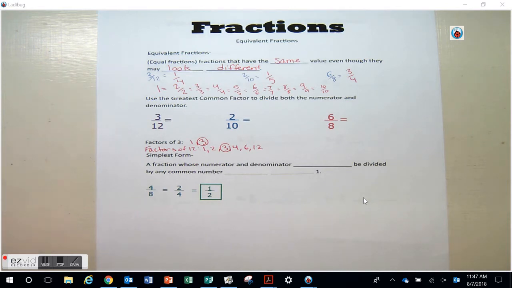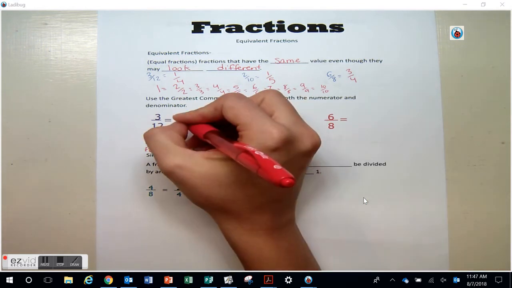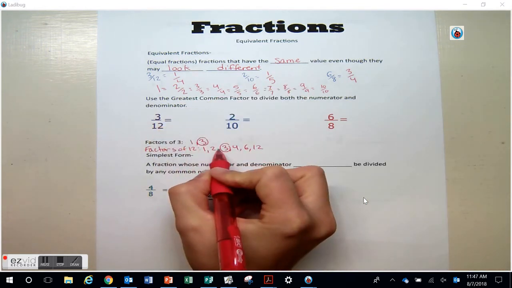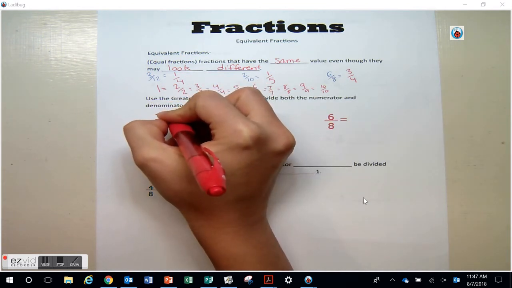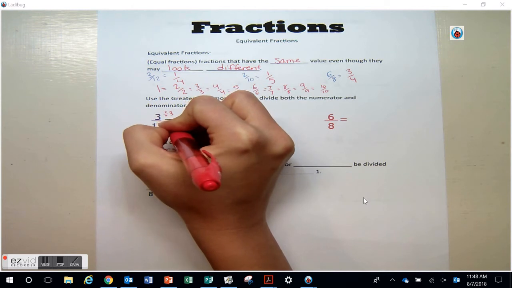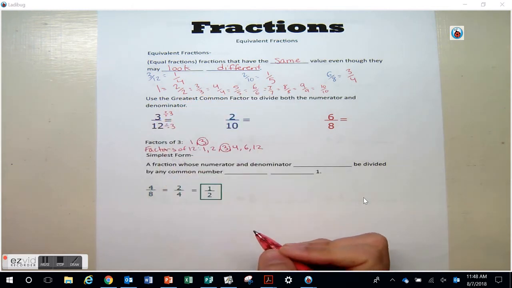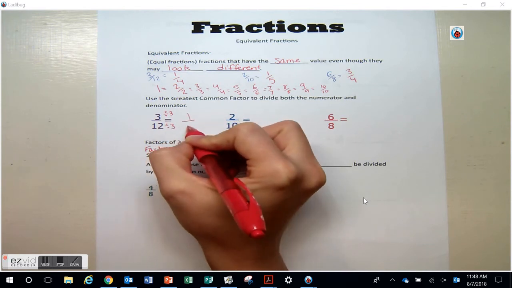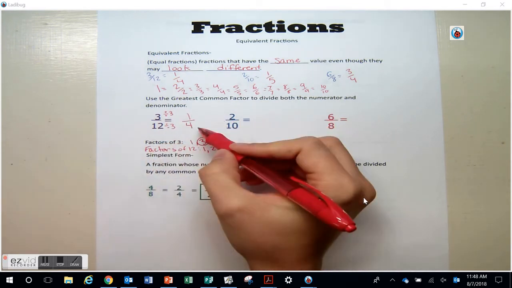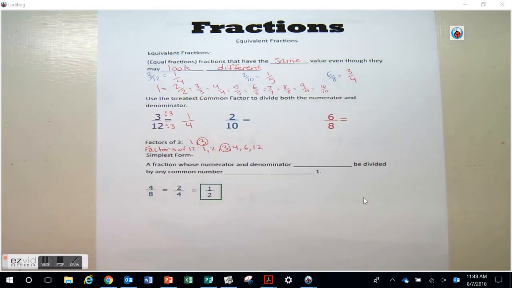If I divide both the numerator and denominator by that number, 3 divided by 3 is 1, 12 divided by 3 is 4. I'd end up with our equivalent fraction that we came up with earlier.